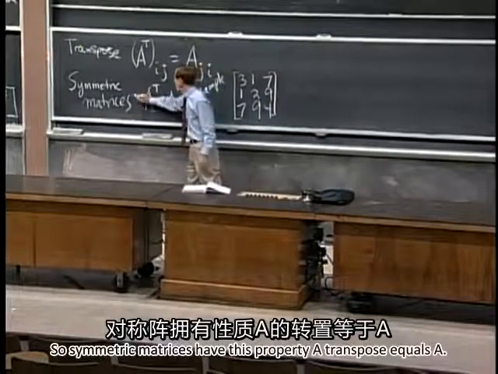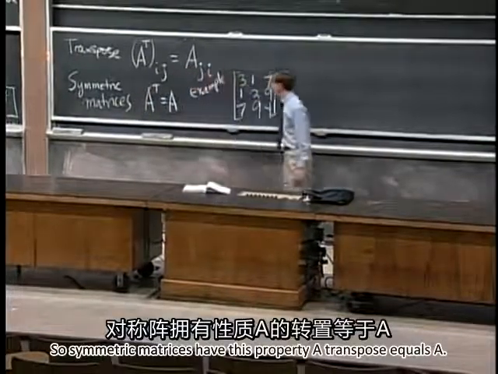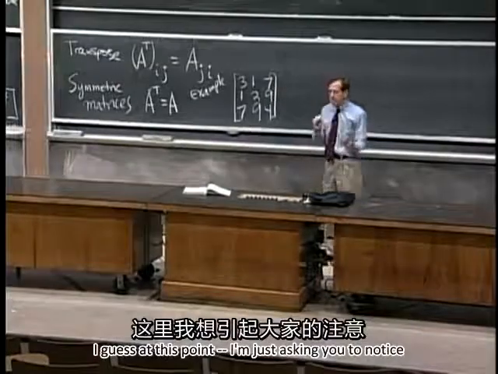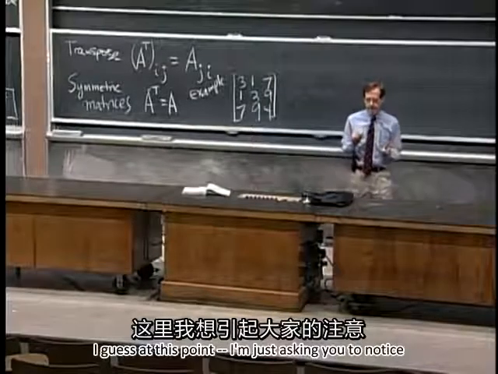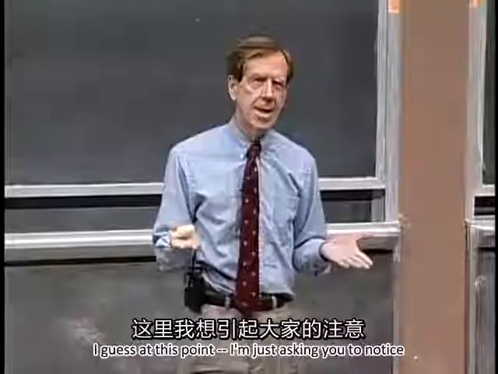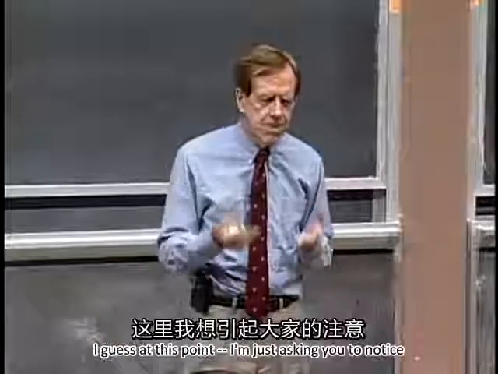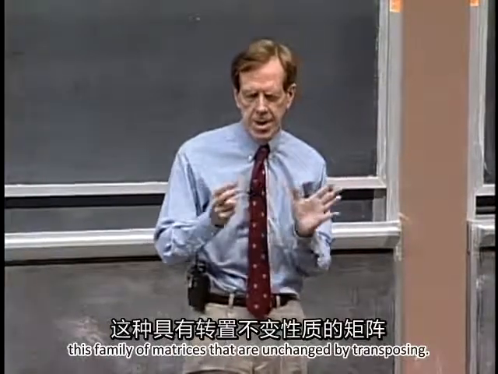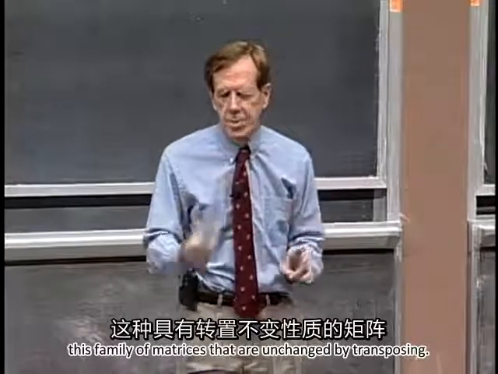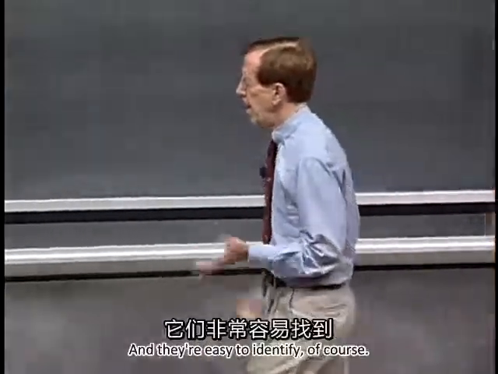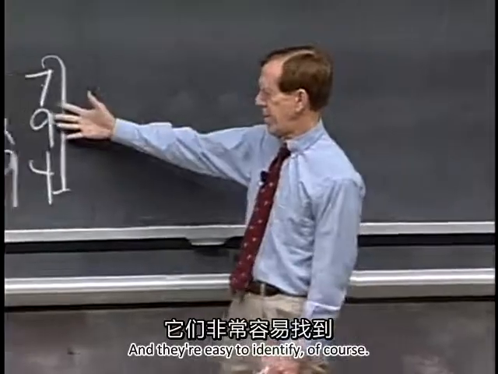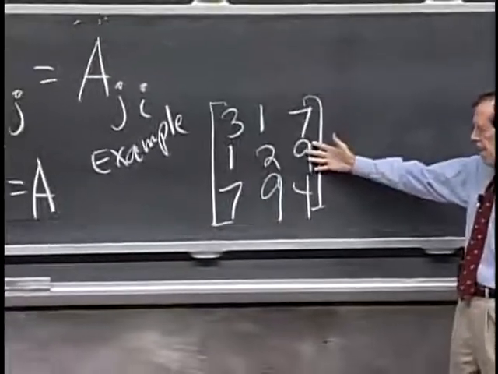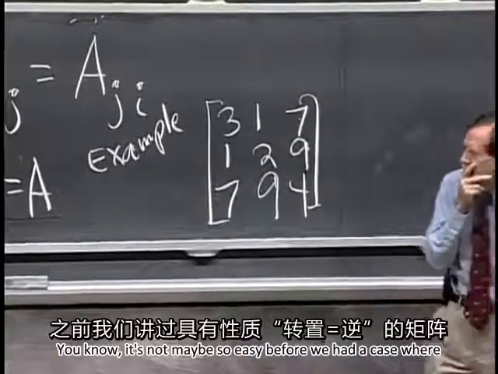So symmetric matrices have this property, A transpose equals A. I guess at this point I'm just asking you to notice this family of matrices that are unchanged by transposing. And they're easy to identify, of course. You know, it's not maybe so easy.